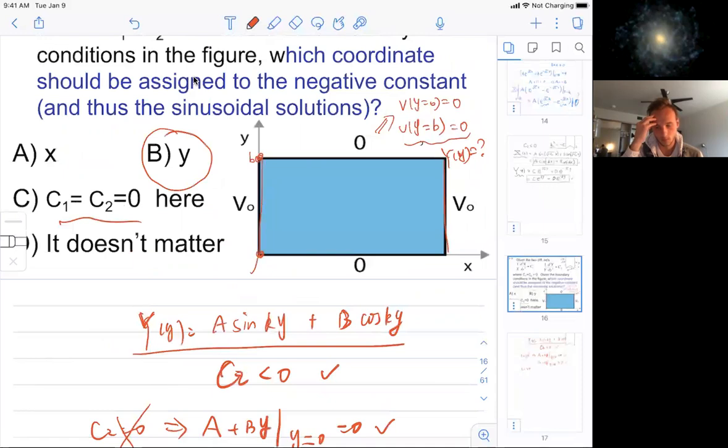Okay, so even more, you probably noticed some of these functions: if I shift my y to be in the middle, if I shift the boundary conditions to be in the middle, then you notice that your function in x at x equals negative a has the same value as at x equals positive a, right?